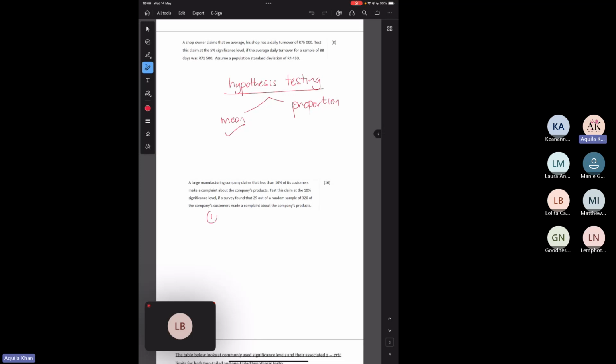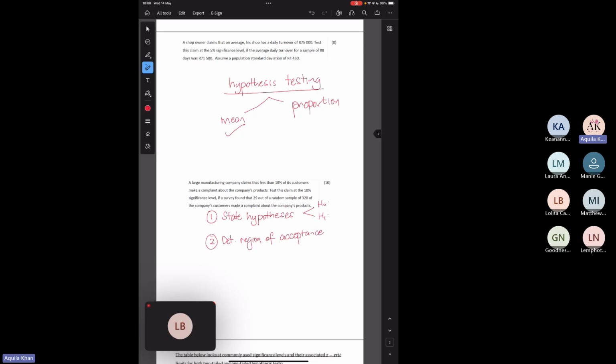So the steps are exactly the same. The first step is always to write out the hypotheses. So you have a null hypothesis, remember, and an alternate hypothesis. I'm just going to indicate here, your null is H0, your alternate is H1. Then the second step is to determine your region of acceptance and rejection, exactly the same as the steps in the hypothesis test for a mean.